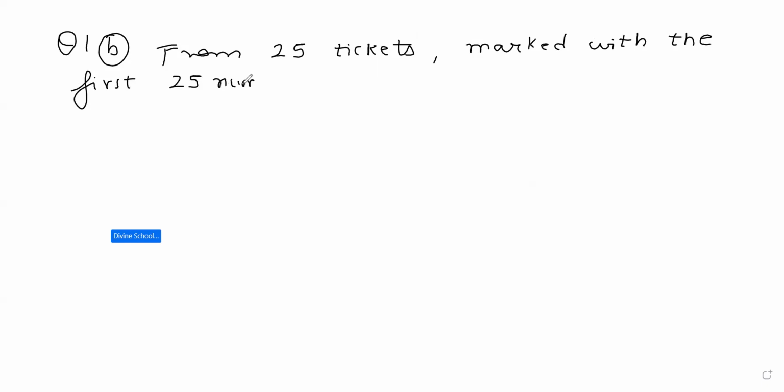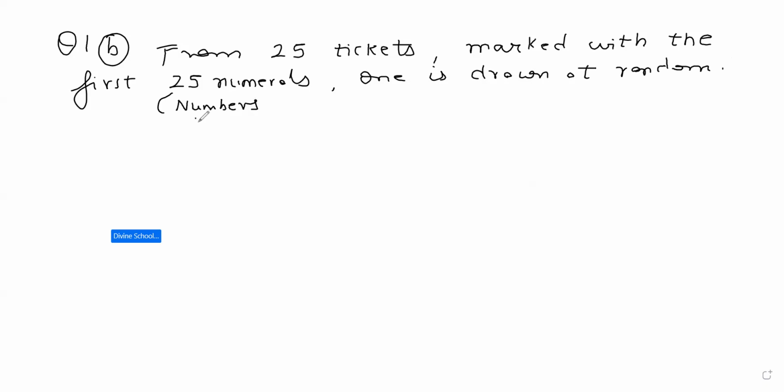First 25 numerals means numbers 1 to 25. One is drawn at random. 25 numeral means numbers 1 to 25. Let me clarify this. So one is drawn at random.